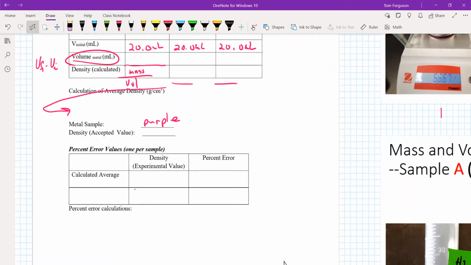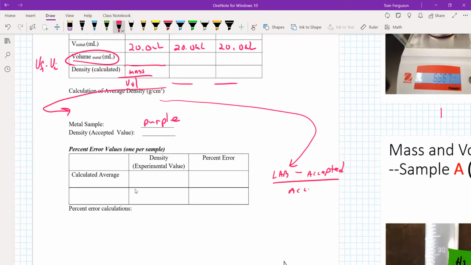And then you're going to calculate the error. So to calculate error, you're going to subtract your value from the accepted value at the end of the PowerPoint, over the accepted value.